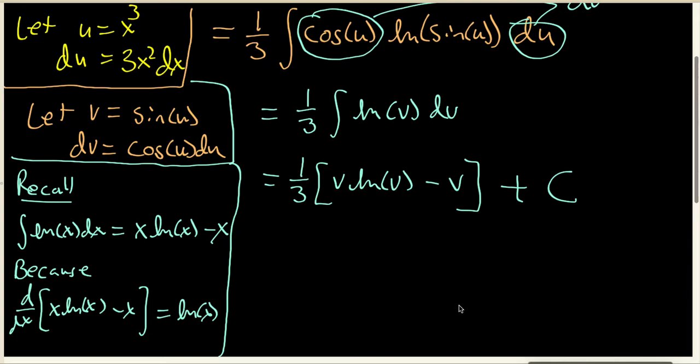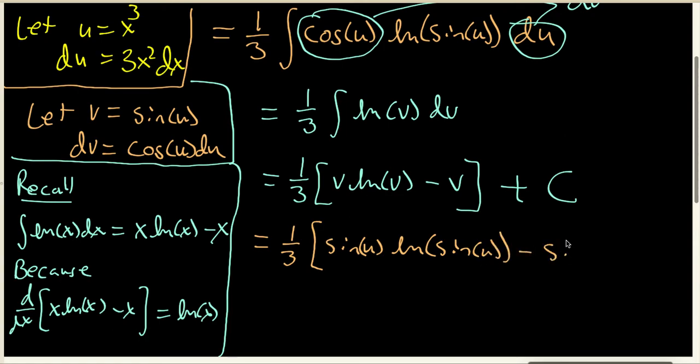Now all I have to do is back substitute. I first of all want to remember that v is equal to the sine of u. So I'm going to replace these v's with the sine of u. And when I do, I am going to get 1/3 times v, which is the sine of u, times ln of v, which is the sine of u, minus v, which is the sine of u. And then, of course, there's the constant of integration.